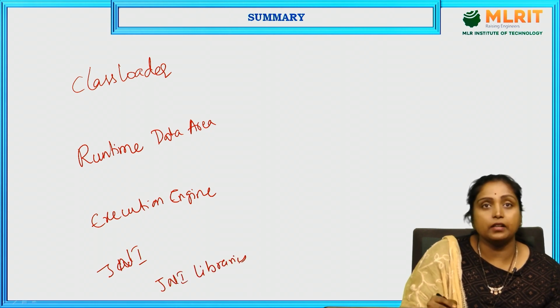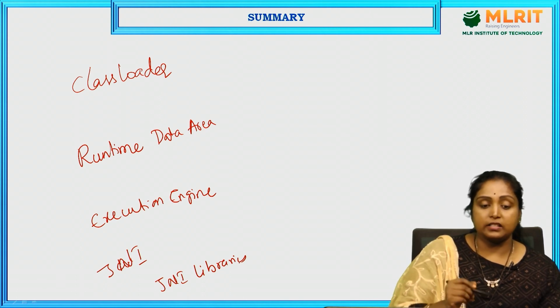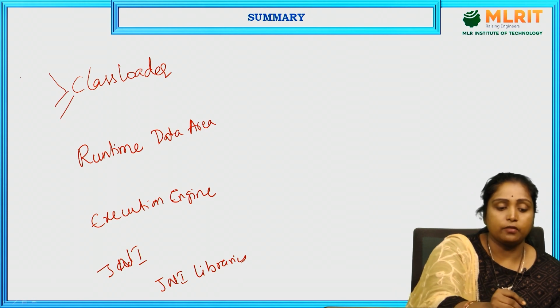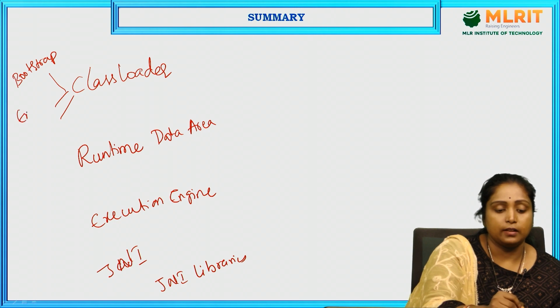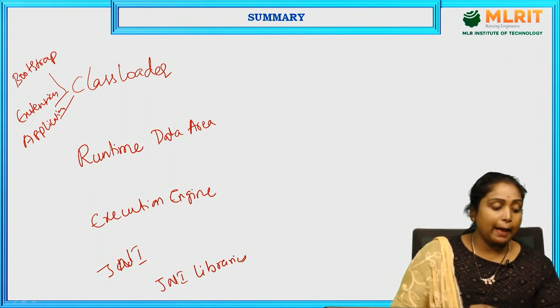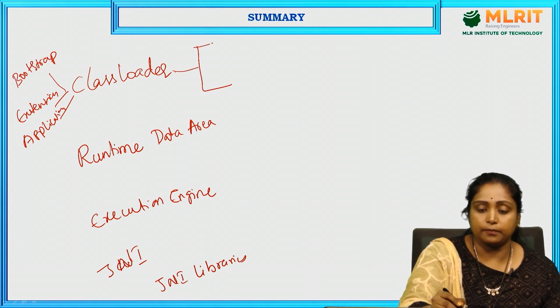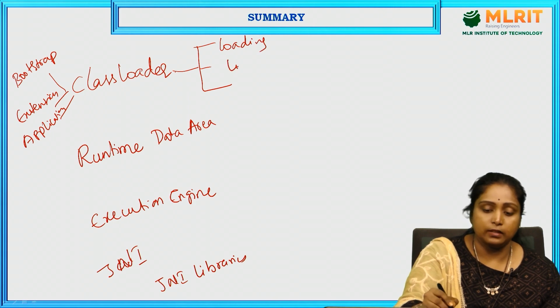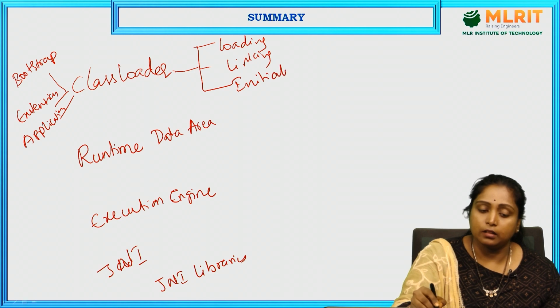So we have all these five components in the Java Virtual Machine. Again, the class loader is of three types: bootstrap class loader, extension class loader, and application class loader. What happens in the class loader is again three things: loading, linking, and initialization.